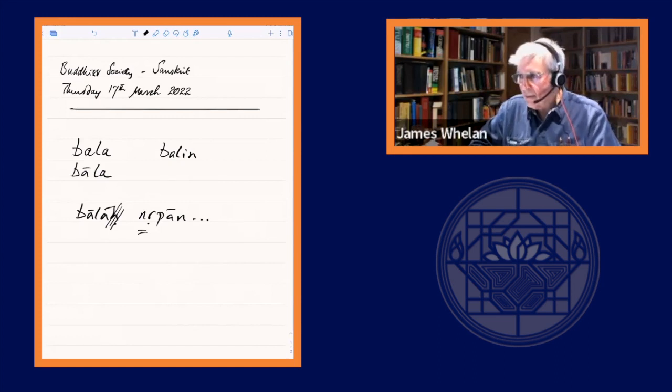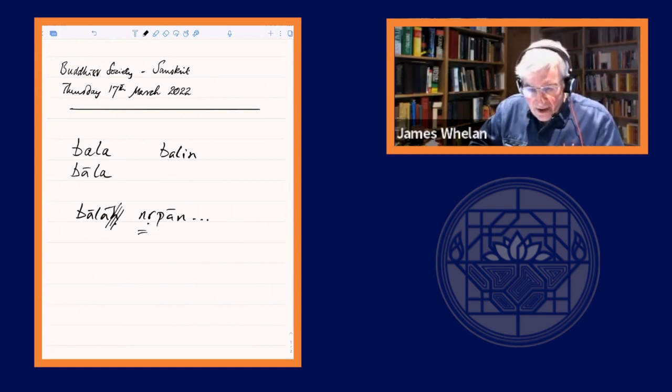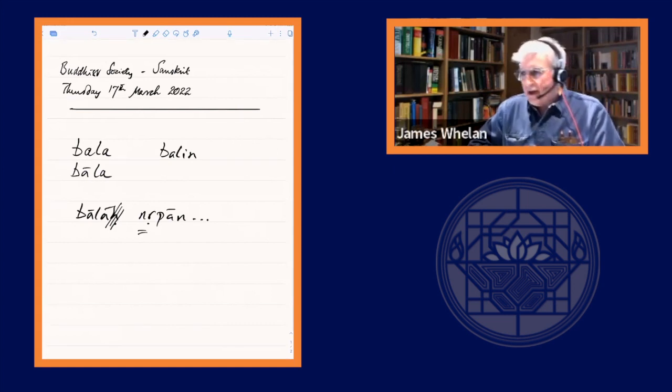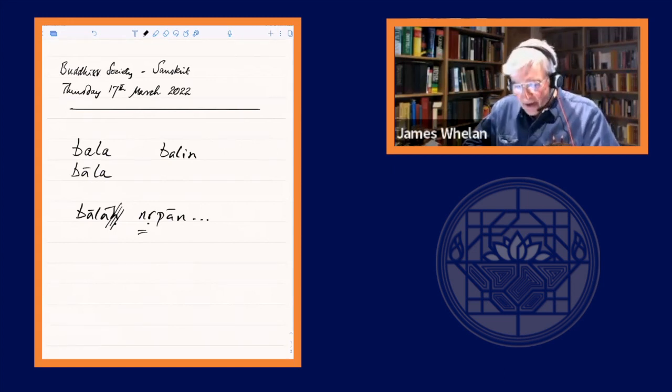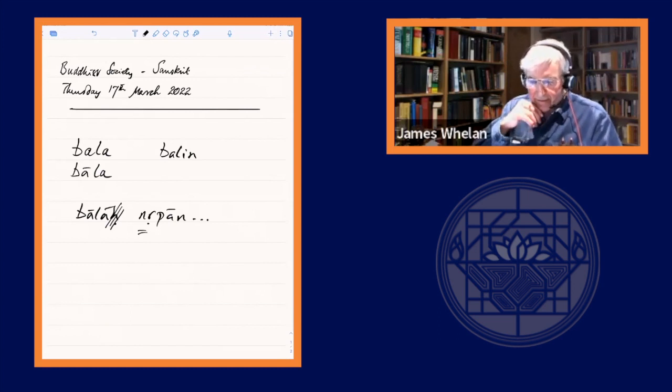Which sentence is it? Page 51, sentence F. The king goes to the horse for the son.